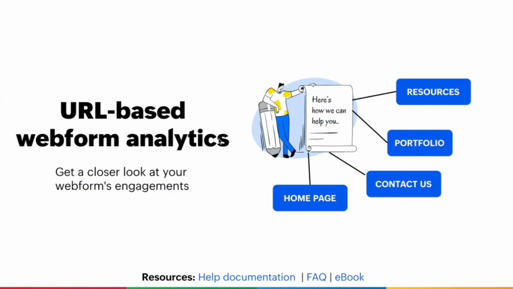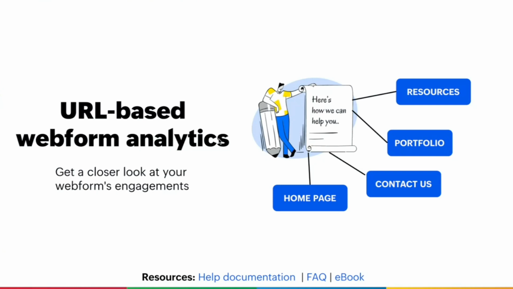But in this enhancement, I might have the web form on the homepage, on the contact us page, and likewise on resources or the product portfolio page. In each of the pages, the customer's expectations vary, and so their behavior varies too. So we can see how well that particular form placed in that URL behaves.